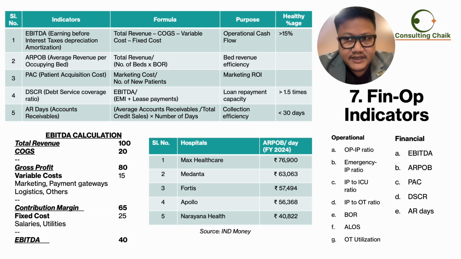It basically shows your collection efficiency. If your AR days is less than 30 days, then it is very good. If it is between 30 to 60, still okay. AR days of 60 to 90 days is not a good one. And any AR days more than 90 is very, very bad.